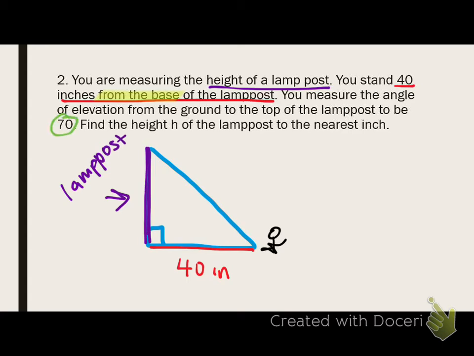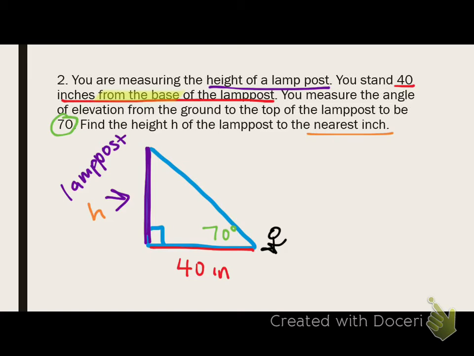So 70 is an angle. Yours might say degrees. Mine does not. But the angle of elevation goes here. This is just me showing you what it is. This would be 70 degrees. And we want to find the height of the lamppost to the nearest inch.